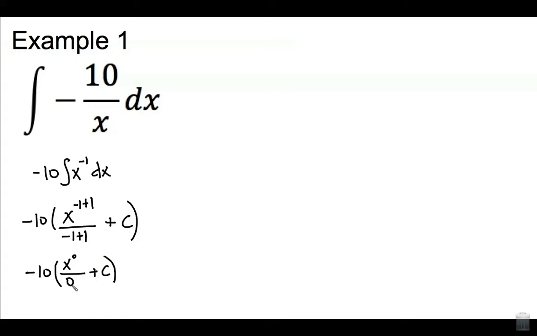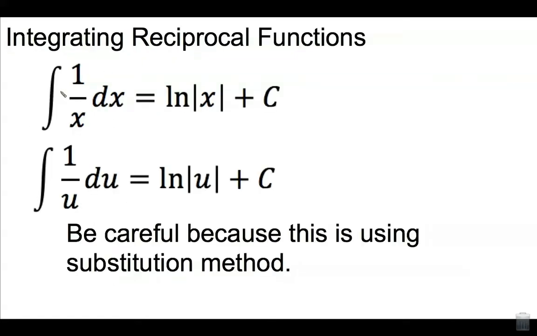We can never have a 0 in the denominator unless you're finding limits and then using L'Hopital's rule, and that's a different story. So for this one, that's where our rules came in handy. The indefinite integral of 1 over x with respect to x equals the natural log of the absolute value of x.